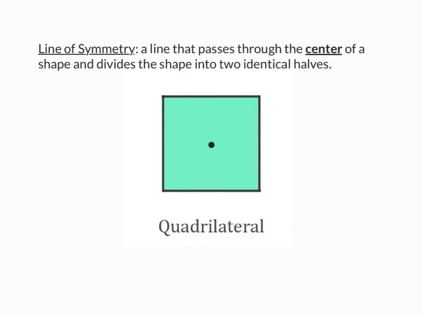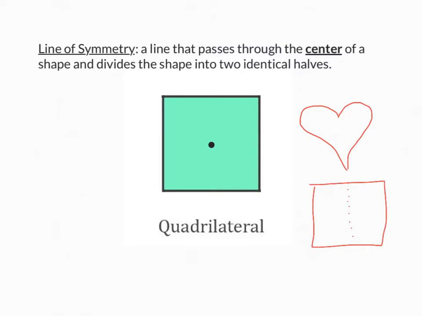I want you to think back to the old elementary school times, when you were going to school for Valentine's and you had to make paper hearts. What do we know about how we used to make paper hearts? We used to take our paper and fold it in half.